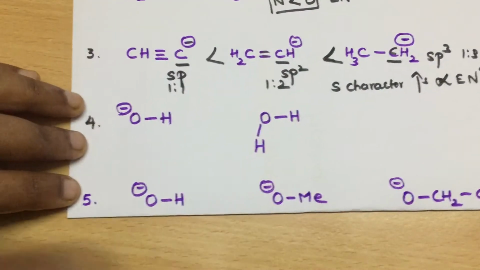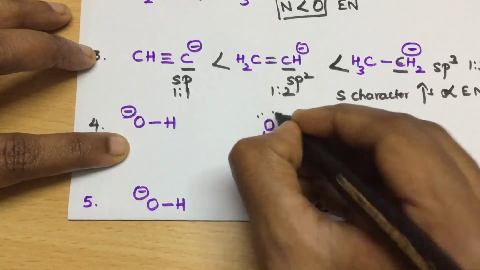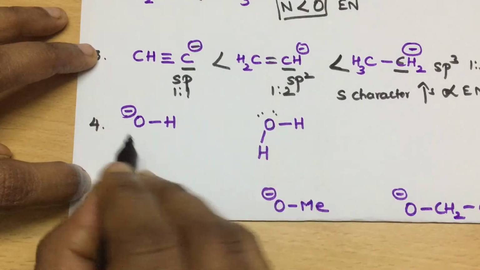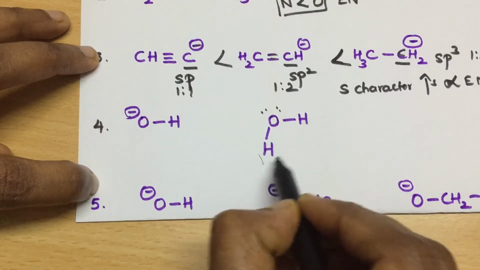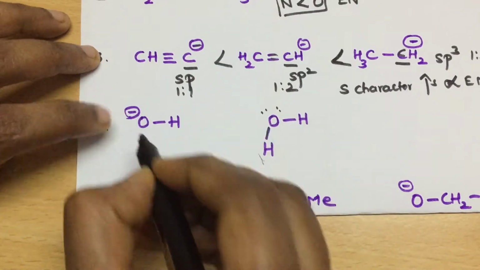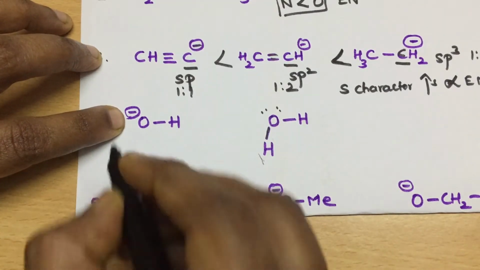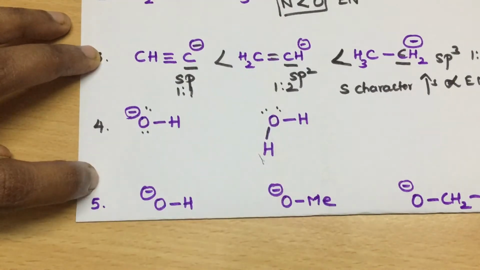Here it is OH minus and water with 2 lone pairs of electrons. OH minus was derived from water. How did it come? If H plus goes, the 2 electrons in this bond come as minus. Apart from this minus, the oxygen has the same lone pairs of electrons.